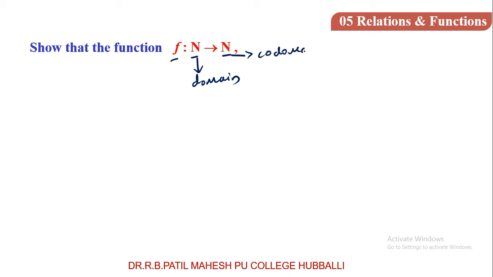Remember always, students, the set before the arrow mark acts as the domain, and the set after the arrow mark acts as the codomain. In the codomain there will be the range. Remember, inside this there will be the range of the function. These are the three basic parts that you should remember before going to solve the problem.